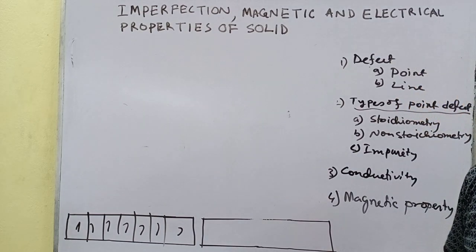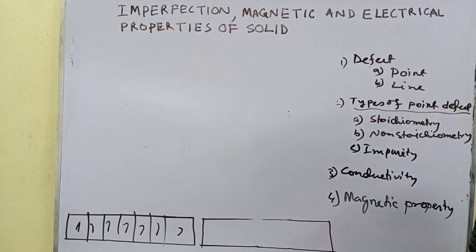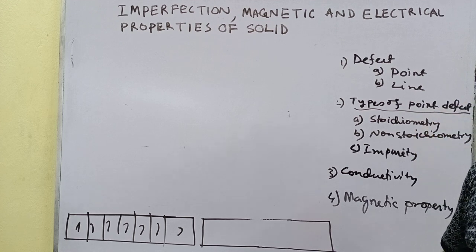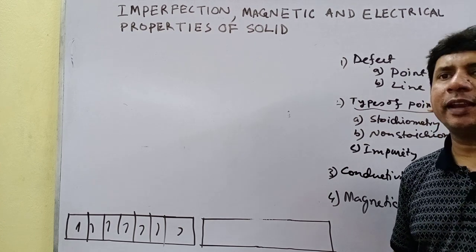The substance that shows ferromagnetism, that means those which show permanent magnetism even in the absence of the magnetic field.